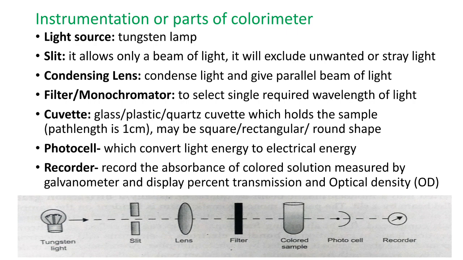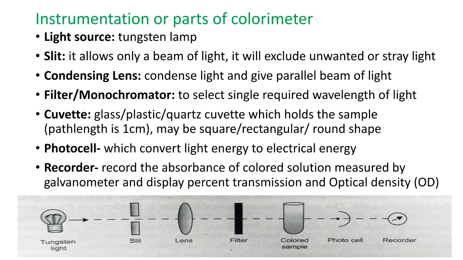Next, photocells. These photocells convert the light energy to electrical energy. When the light passes through the slit, lens, filter and colored sample, some light is absorbed and the remaining light is irradiated on the photocells.